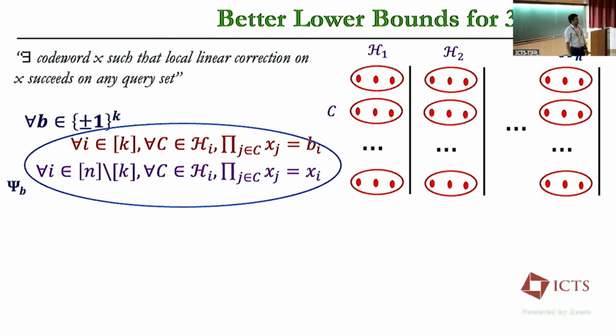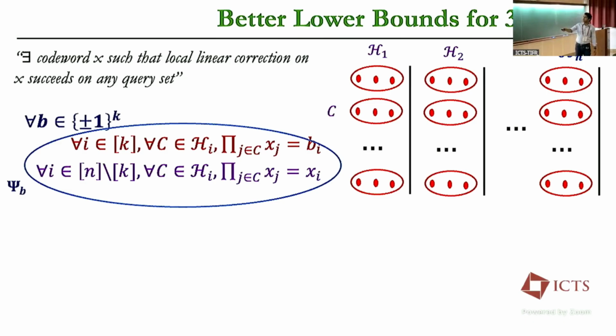What do these additional constraints say? If I go to the K plus 1th matching, or the nth matching, this is not one of the systematic bits. It's a code word bit. What does this constraint say? It says that if I take any triple here and I add those bits up, then I should get the nth bit. That's what this constraint says.